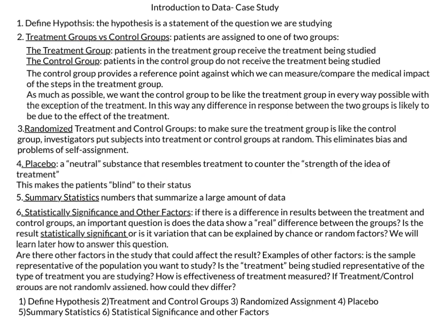And once we have that comparison, we have to be careful of statistically significant differences and also other factors. So first, if there's a difference in results between the treatment and control groups, an important question is, does the data show a real difference between the groups? That is, is the result statistically significant, or is it a variation that can be explained by chance or random factors?